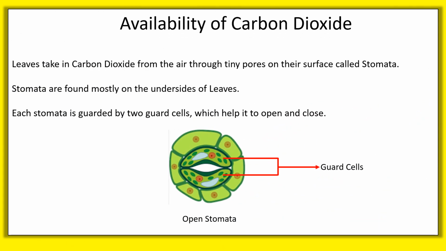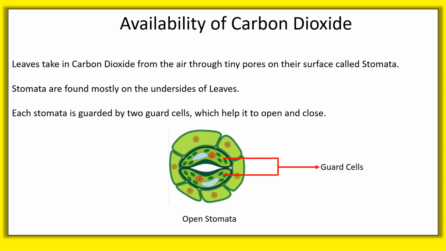Next, availability of carbon dioxide. Leaves take in carbon dioxide from the air through tiny pores on their surface called stomata. Stomata are found mostly on the undersides of leaves, that means on the downsides of the leaves. Each stomata is guarded by two guard cells which help it to open and close.